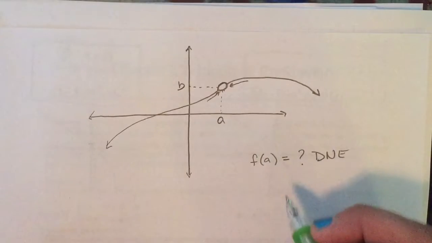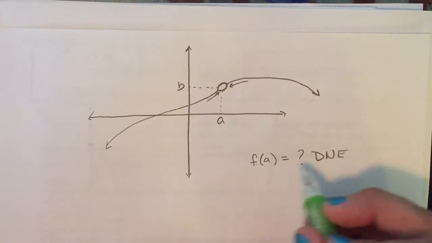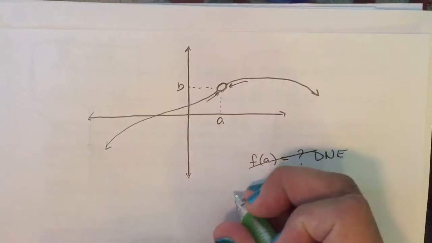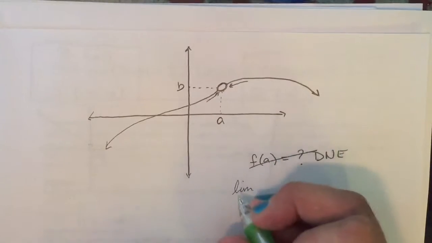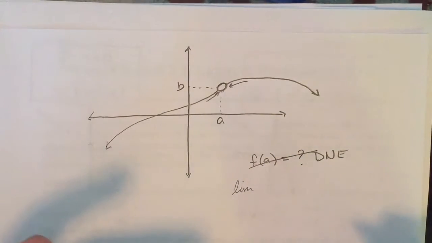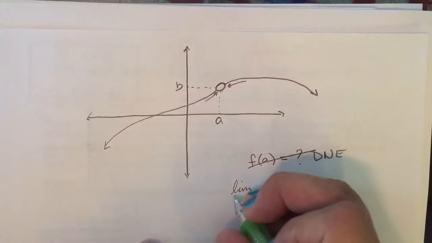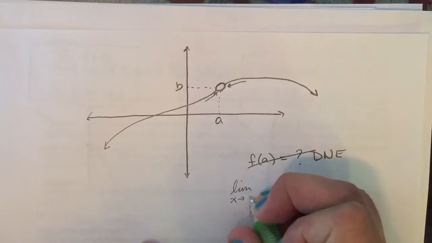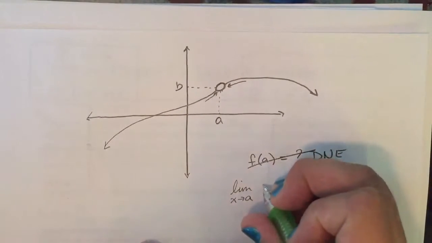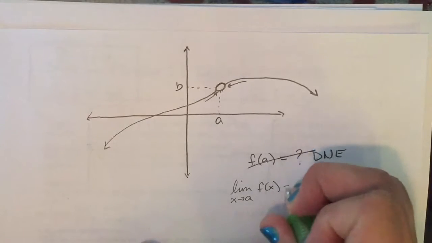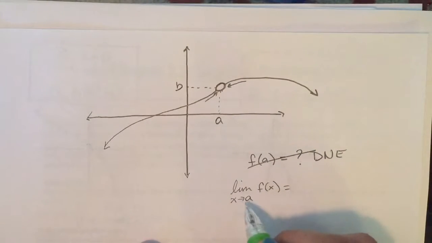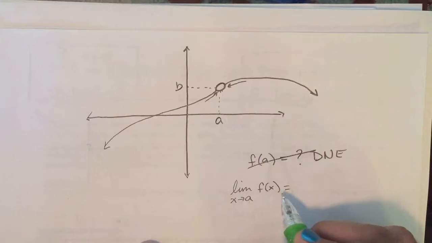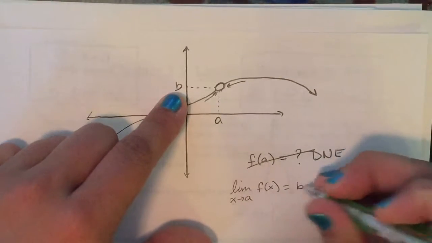So the way that they're going to write this, you can't say the function at A is anything, but you can say the limit, and that's LIM. They usually do a cursive L, so it's LIM as x approaches the value of A of the function. So the limit as x goes to A of this function would be the y value, which is b.